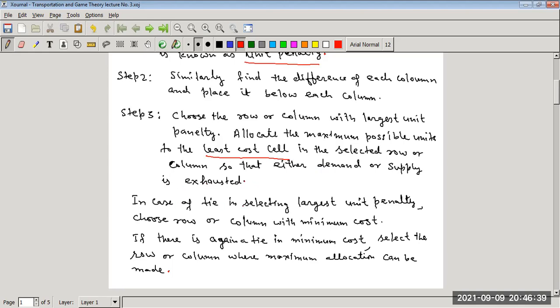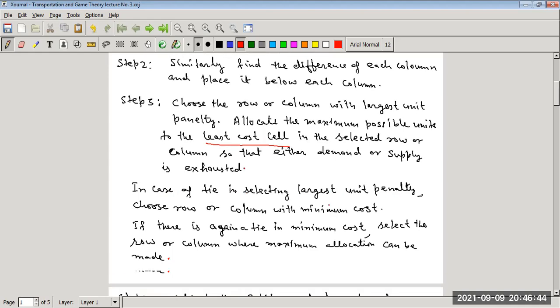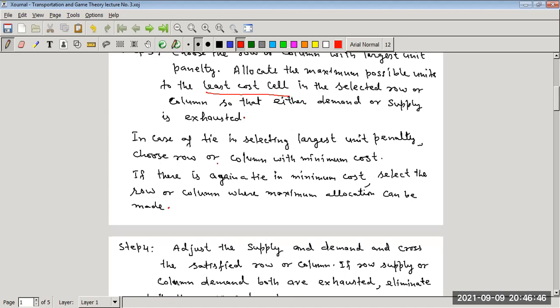In case of a tie in selecting the largest unit penalty, what do we do? Choose the row or column with minimum cost. If there is again a tie in minimum cost, select the row or column where maximum allocation can be made.